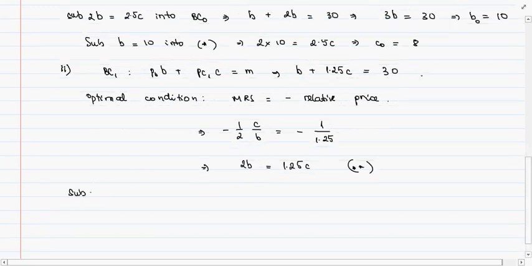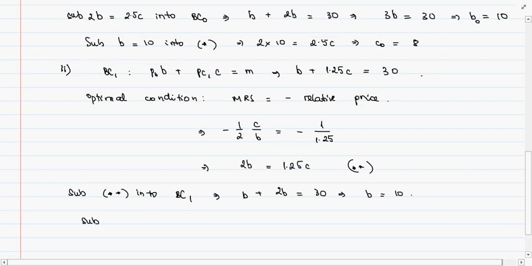So if I substitute the double star equation into my new budget constraint 1, then I get B plus 1.25C equal to 2B now, which is equal to 30. So therefore B equal to 10 still.